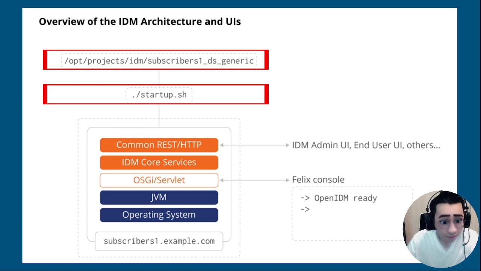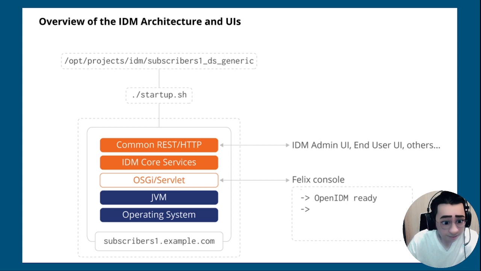The location of the folder is not important for the deployment of IDM. The name of the folder represents the first subscriber's IDM instance, which is using an external DS instance as the IDM repository. The IDM instance and IDM repository are configured for generic mapping. This will become clear throughout the course later.